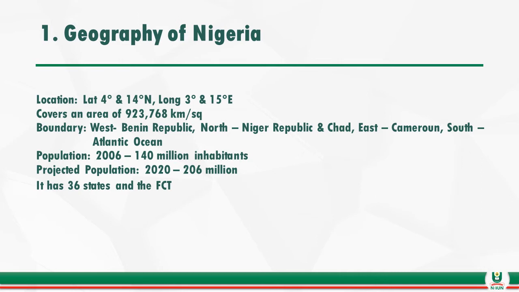And by projection, using an annual growth rate, Nigeria is projected in 2020 to be at 206 million. Nigeria has 36 states, including the Federal Capital Territory, that is, capital at Abuja.